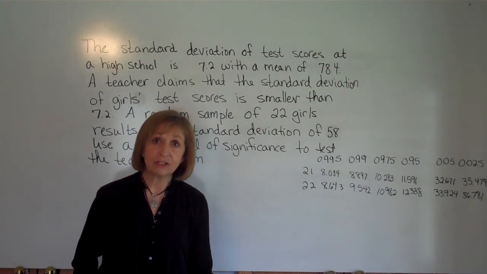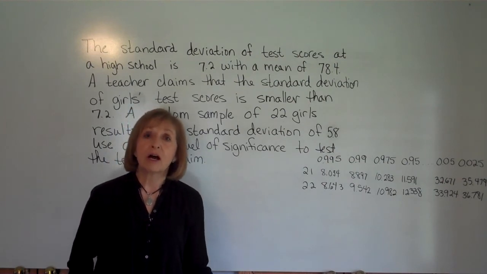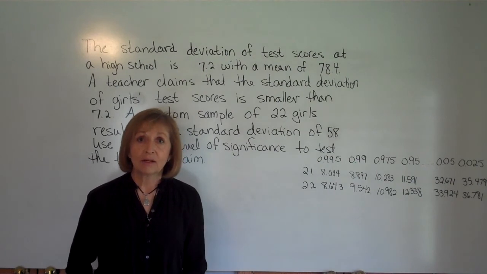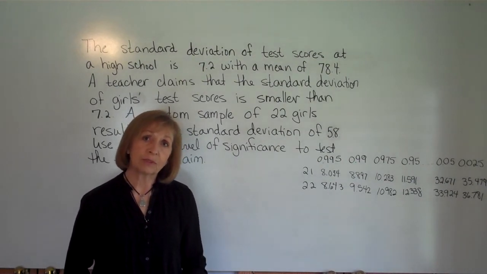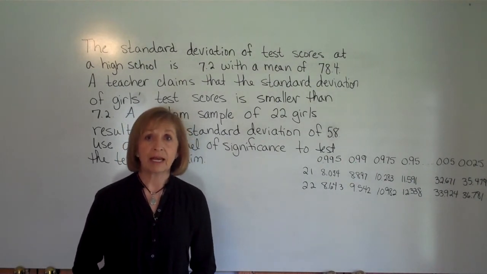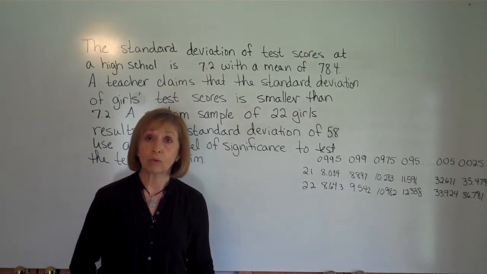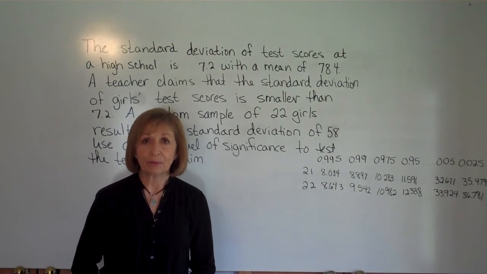Is it the standard deviation or the variance or the mean or the population proportion? Once we decide what it's focusing on, we need to also make sure that we have the criteria for the type of test that we're doing, and then carry out the process.